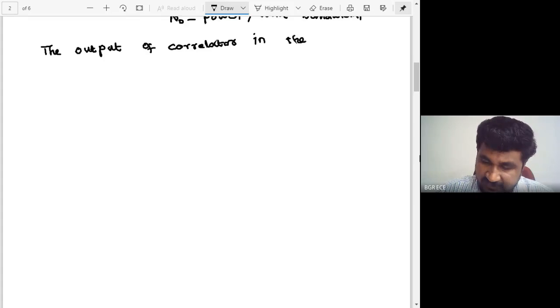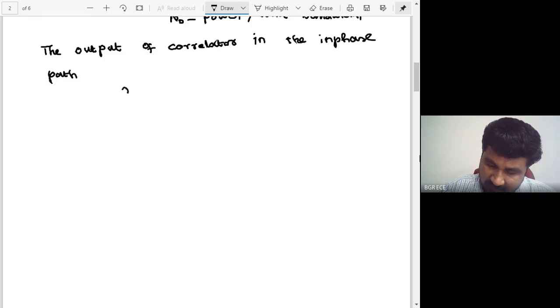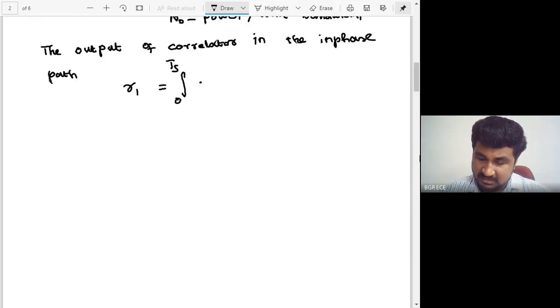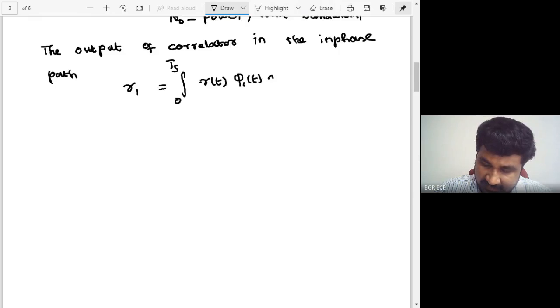The output of the correlator in the in-phase path is given by R1 is equal to the integral over 0 to Ts of r(t) into phi 1(t) dt.